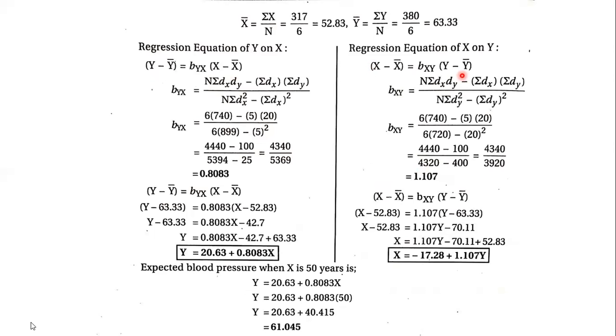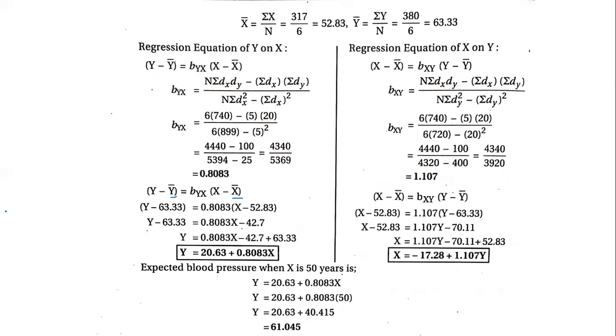Okay, so what we will do here is y minus y bar is equal to byx into x minus x bar. We already know what y bar and x bar are. Don't take the assumed mean, take the actual means only. Here, for this calculation alone, you have to take the actual mean.